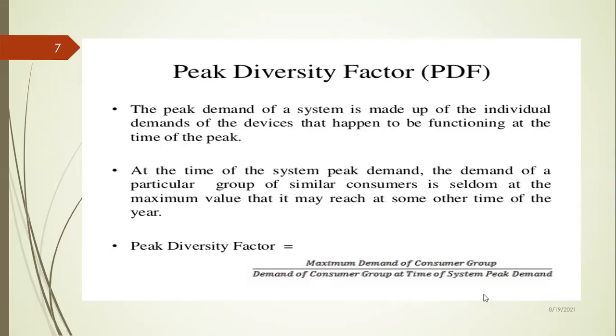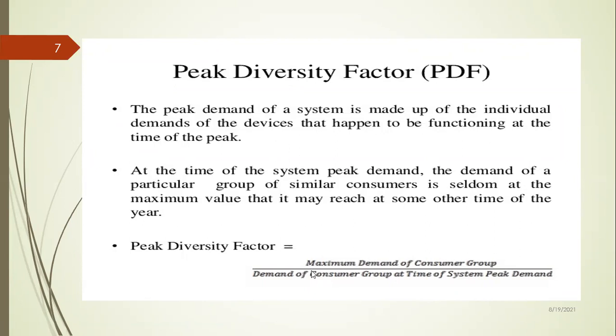Okay, like when we calculate the group diversity factor, we take the example of our colony. Now take the example in your mind of your complete city. In any particular city there are different colonies, different residential areas, there are industries also, offices also, commercial areas also, malls also, hospitals also.